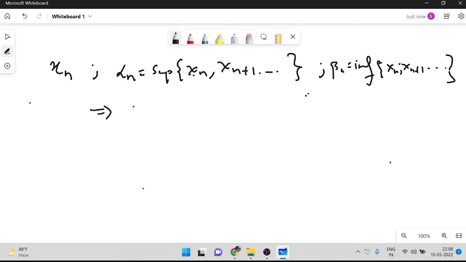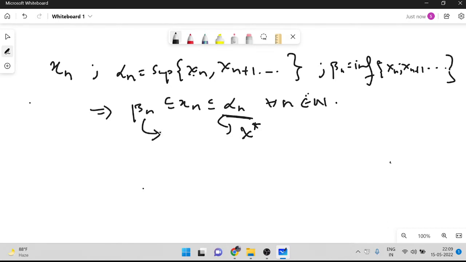This implies beta n is less than or equal to xn, which is less than or equal to alpha n for all natural numbers n. Because this is a monotonically decreasing sequence and it has a limit that is basically x star, similarly this also has an upper bound which is x star.